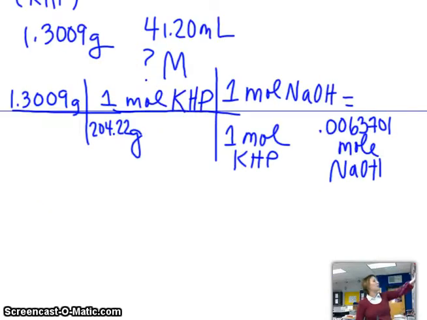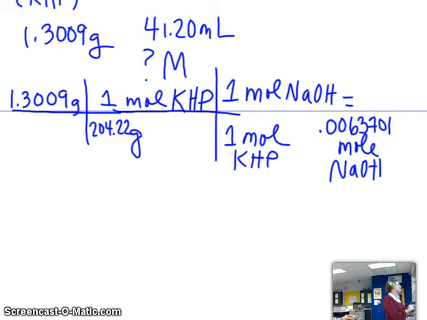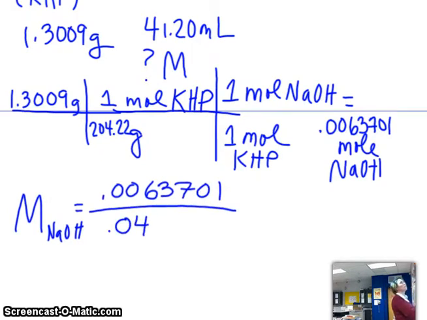Now, I have the moles of NaOH and I have the volume of NaOH, so I can find the molarity of NaOH because it is the moles divided by the volume in liters. If you paid any attention, they did in the lab tell you to just divide by the volume in milliliters and then multiply by 1,000.